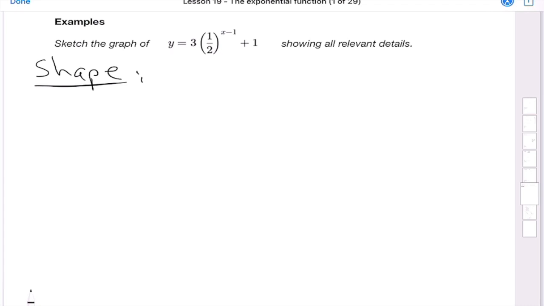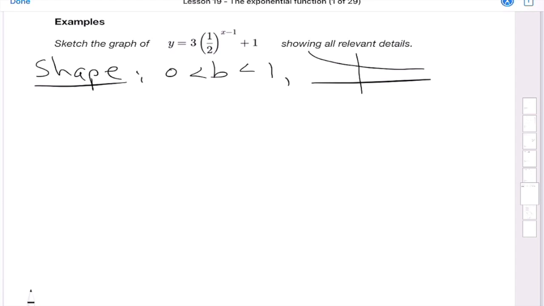I notice in this example that b is equal to 1 over 2. And then remember that when b is between 0 and 1, then your graph gives you what we called exponential decay. So the graph will look like that.